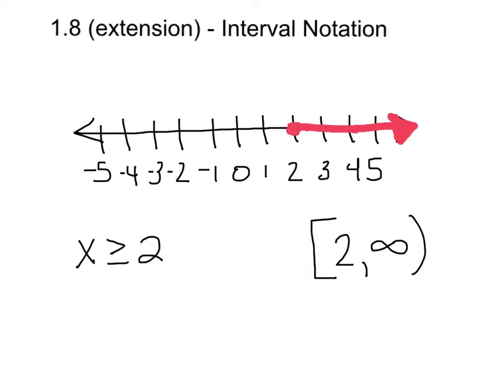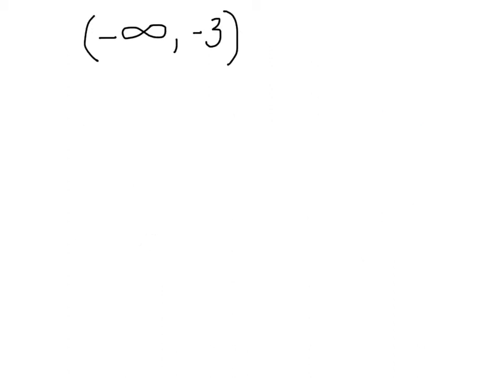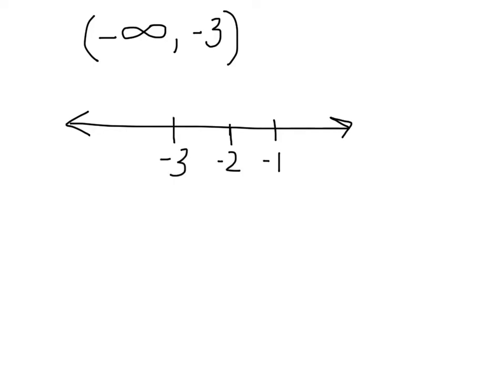So let's just try an example. In this problem, you don't have to write this down. Just watch. We have negative infinity comma negative 3. So we have a number line. We know we're going to have to put a negative 3 here, so I'm just going to draw negative 1, negative 2, negative 3. Now, because we have a parenthesis, that means negative 3 is not a solution.